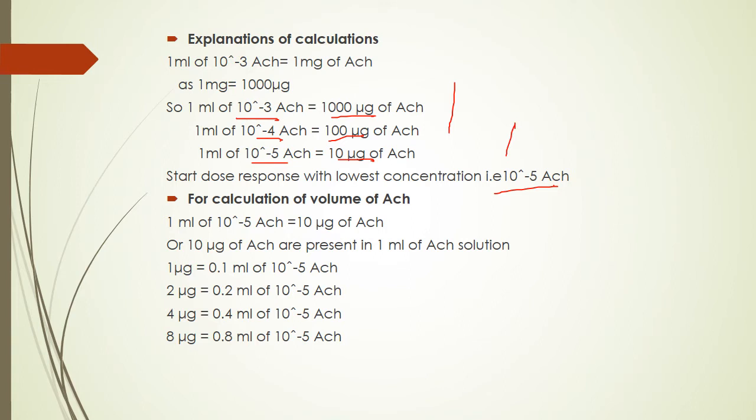For calculation, 1 microgram is equal to 0.1 ml, then we add 0.2 ml, then 0.4, 0.8, 1.6, 3.2, and we go on increasing the concentration in this manner. It contains 10 microgram in 1 ml, so 0.1 ml is simply 1 microgram. We just divided it by 10. So we start from this.